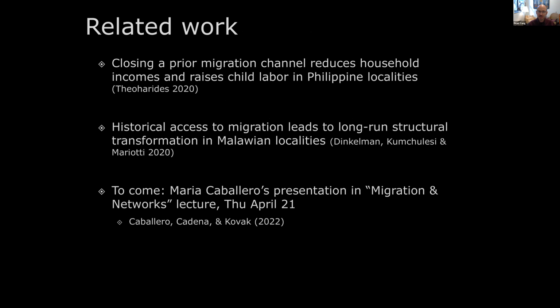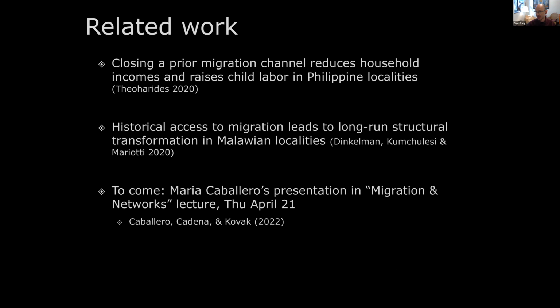Let me say a brief word about related work out there. It's relatively rare to find a good natural experiment to understand the impacts of migration or migrant income on the home areas of migrants. But here are a couple that I would refer you to for further reading. Caroline Theoharides has a very nice paper showing that in the Philippines, localities are quite dramatically affected by a policy-induced closure of a prior important migration channel.